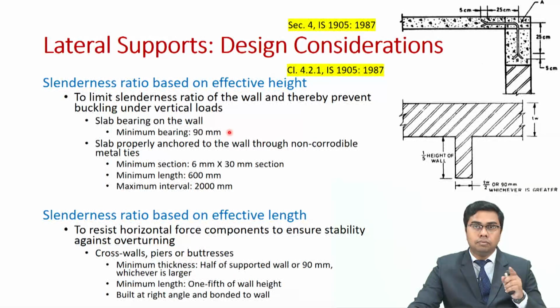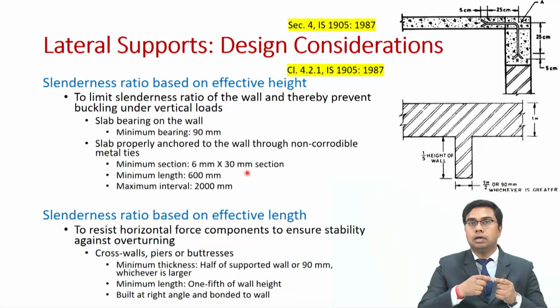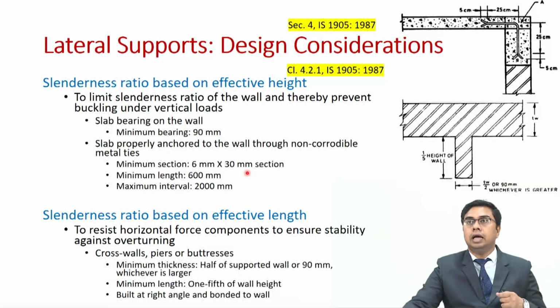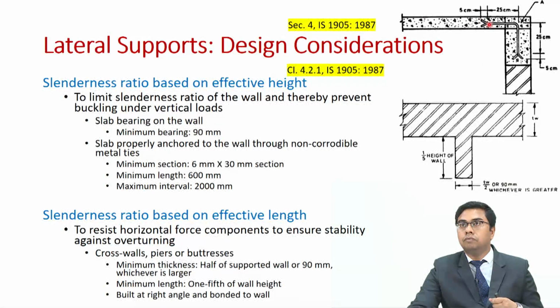If your slab is not bearing on the wall, then you need to properly anchor the slab to the wall through non-corrodible metal ties. What is the dimension of these metal ties? These metal ties have a rectangular cross section of 6 millimeters by 30 millimeters. So, these are kind of a plate or a bar, and at the end you have a Y kind of split in the bar, and this section, as you can see, has to have a minimum length of 600 millimeters.